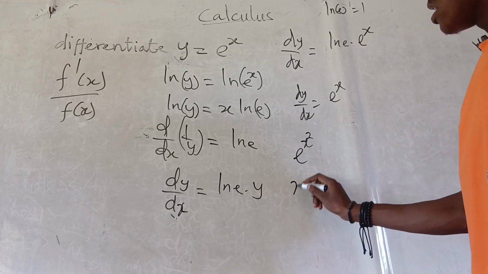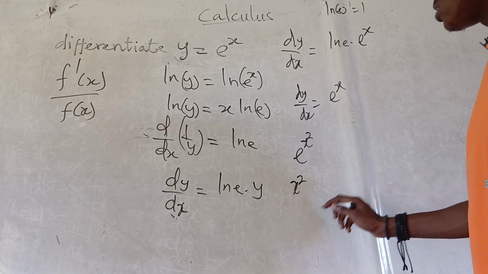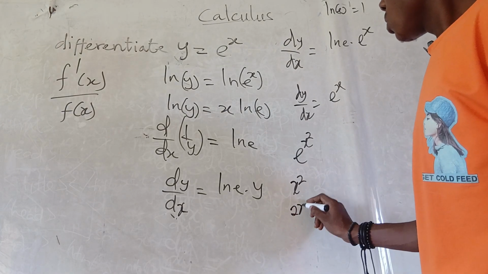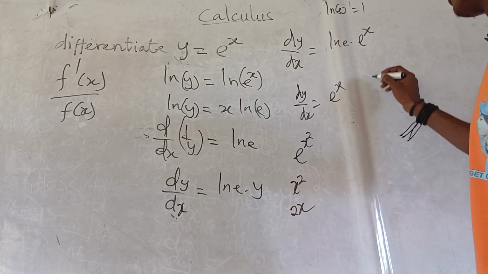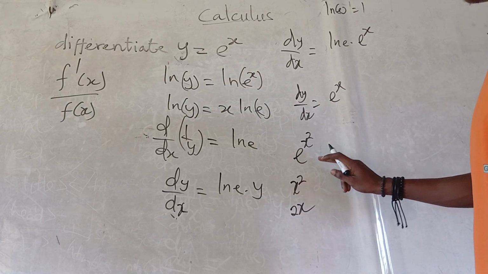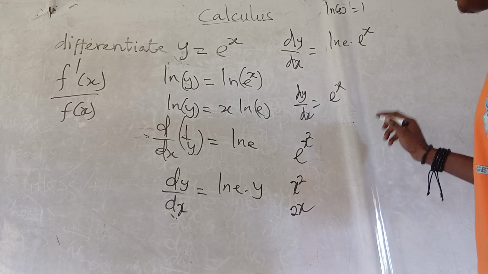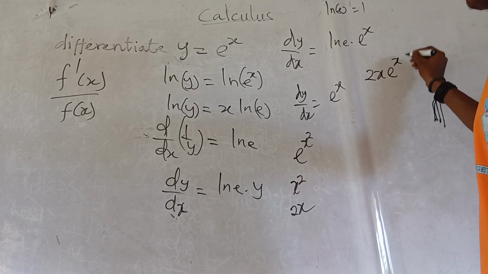The exponent is x squared. So when we differentiate x squared, we are going to get 2x. Then we multiply it by the original function. So the derivative of e raised to the power x squared is equal to 2x multiplied by e raised to the power x squared.